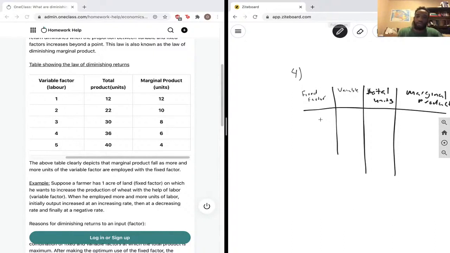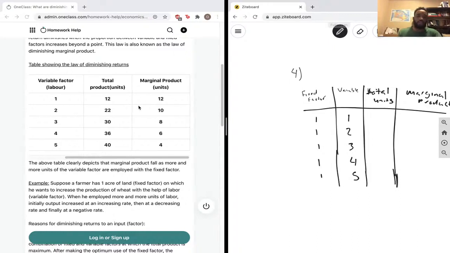And fixed factor is never going to change, it's always 1. Variable here goes from 1 to 2 to 3 to 4 to 5. And I'm just going to tweak the marginal product units here.